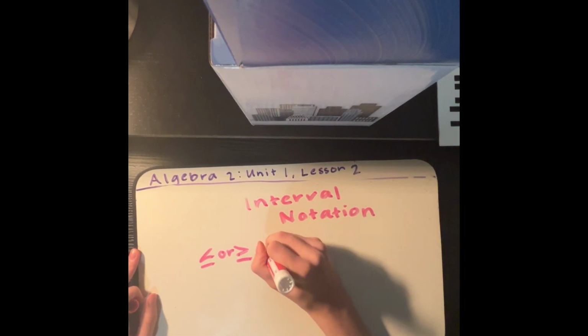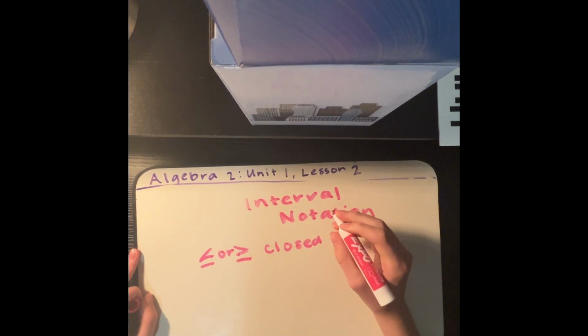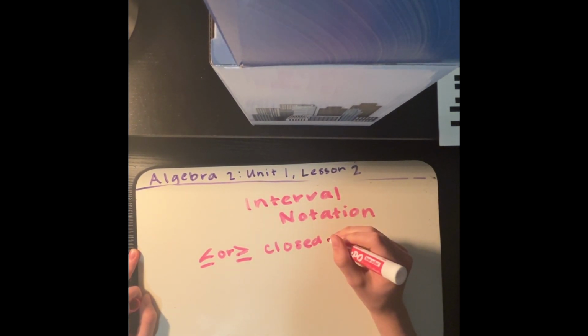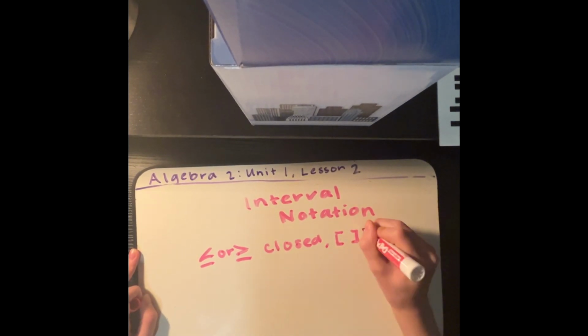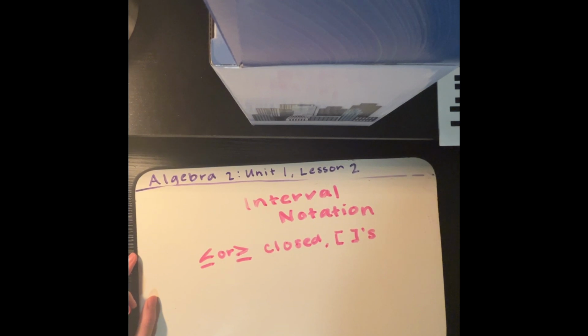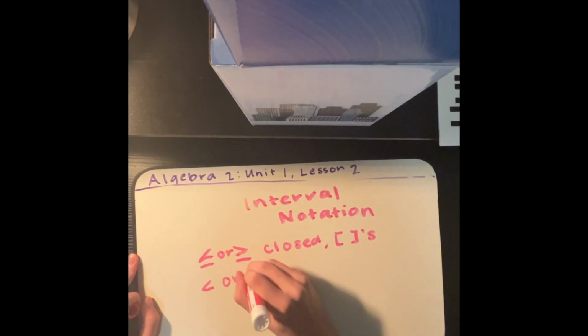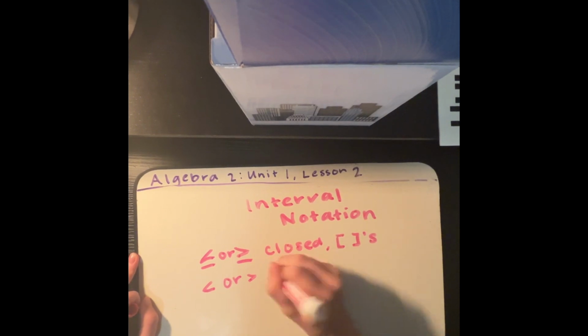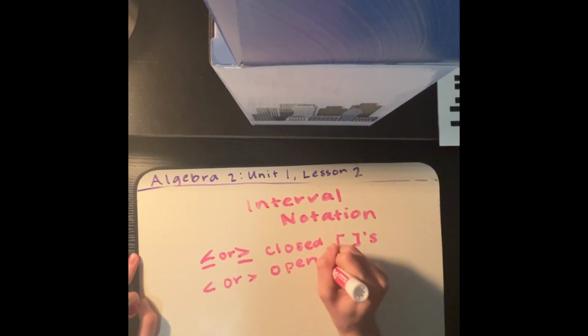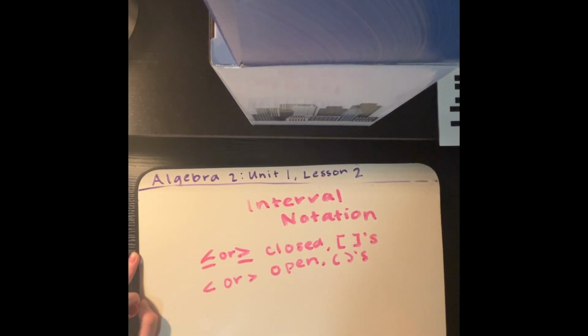this means we're going to have a closed circle on a graph, right? And we're going to have brackets when we have interval notation. This will make a little bit more sense when we get into some examples. But when we have just less than or greater than, we have an open circle, right? And this is going to be represented with parentheses in interval notation.